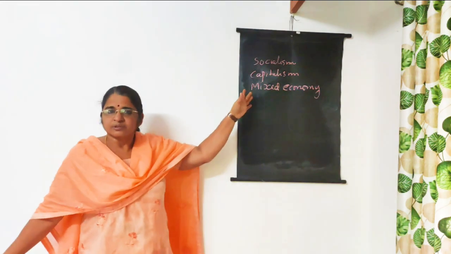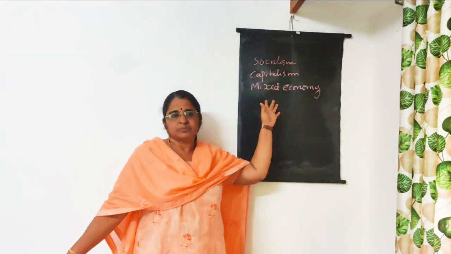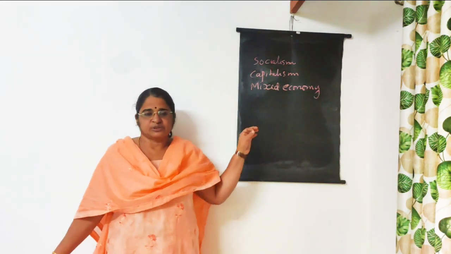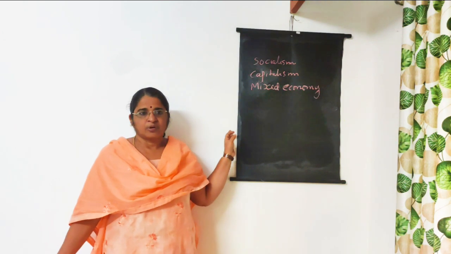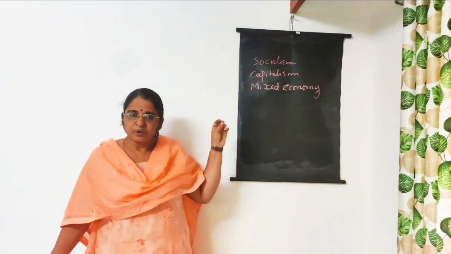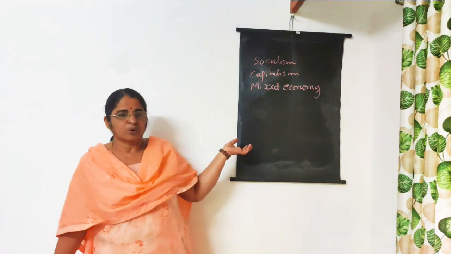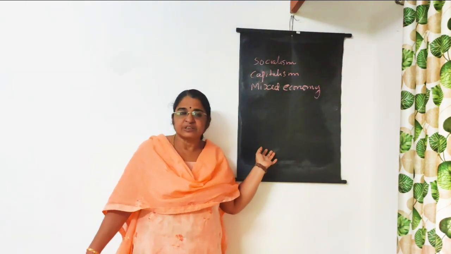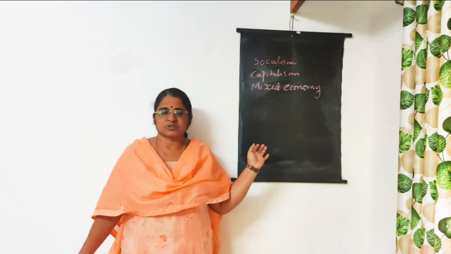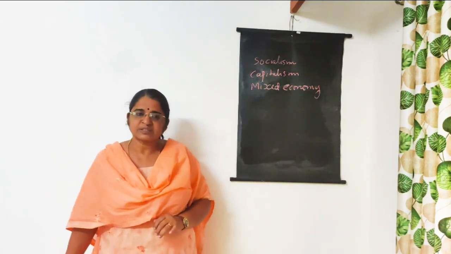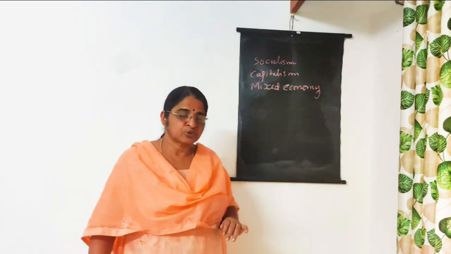These are the three economic systems prevailing in the world. Now we are going to see how the central problems are solved in these different economic systems. First, we can discuss how the central problem is solved in socialism.